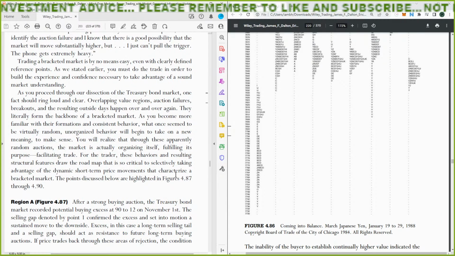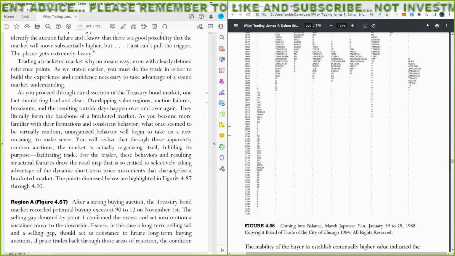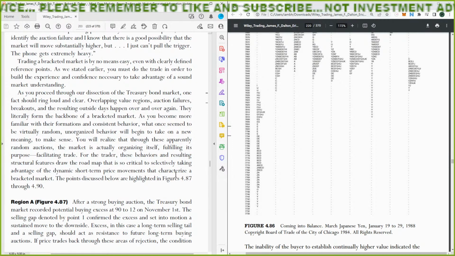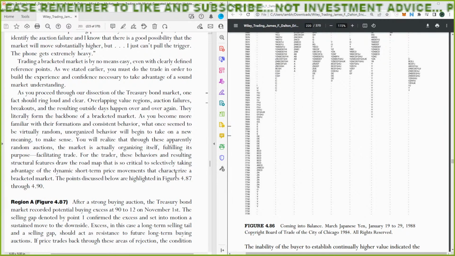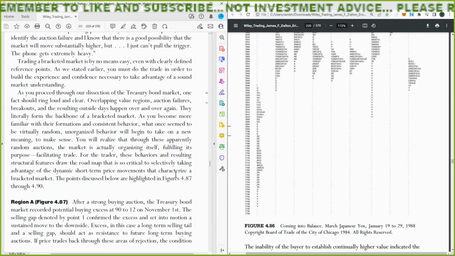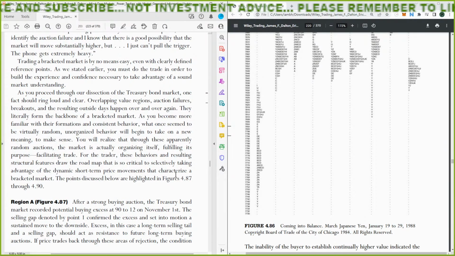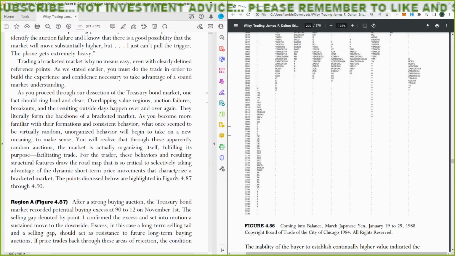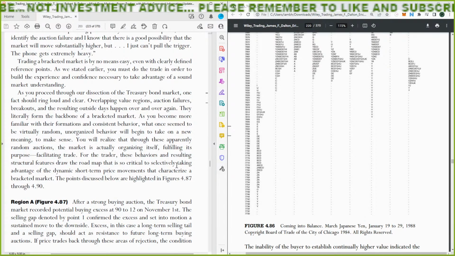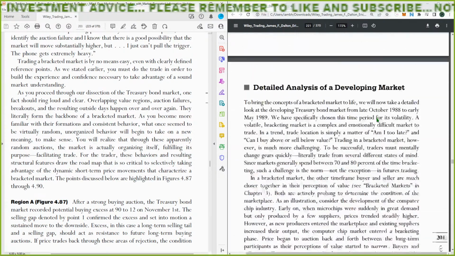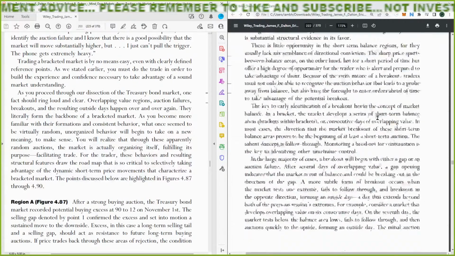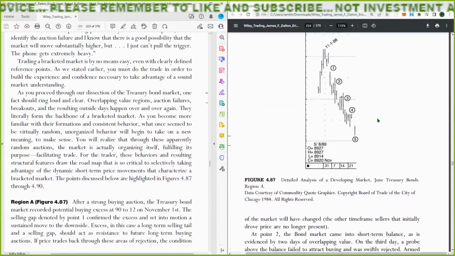For the trader, these behaviors and resulting structural features draw a roadmap that is crucial to selectively taking advantage of the dynamic short-term price movements that characterize a bracketed market. The points discussed below are highlighted in figures 4.87 through 4.90.